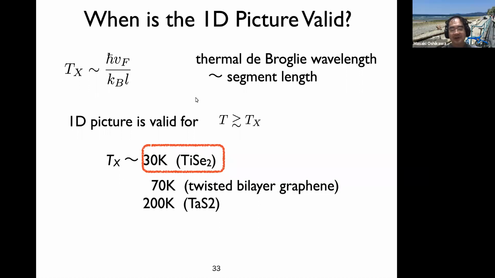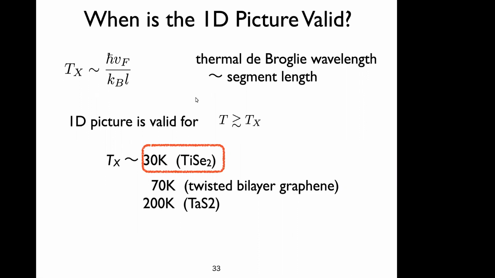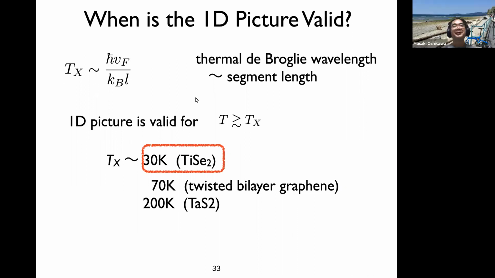So actually, one thing we are trying to do, not completed yet, is to make a prediction based on this network picture on more local transport, like you bring an STM and measure conductance between one point and some points not too far from it.